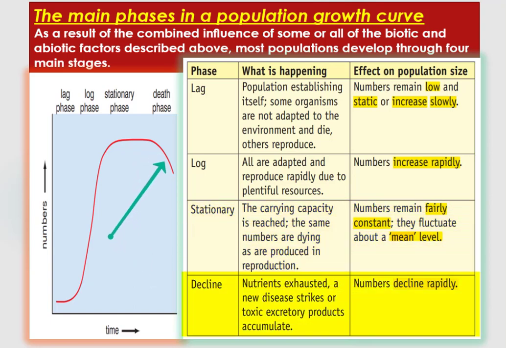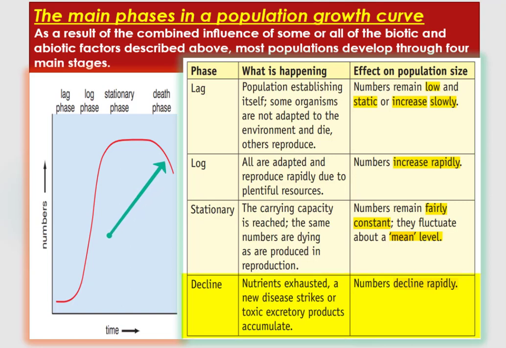In decline phase, more nutrients are exhausted and a new disease strikes or more toxic excretory products accumulate. This high exhaustion of nutrients and high accumulation of toxic excretory products significantly facilitate extremely high death rates. That means numbers decline rapidly.